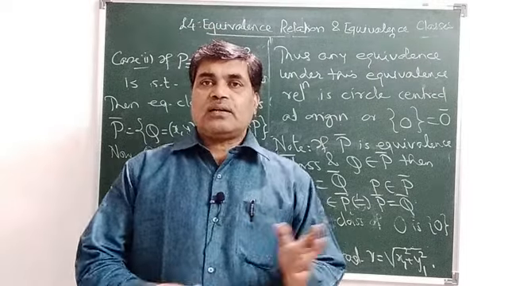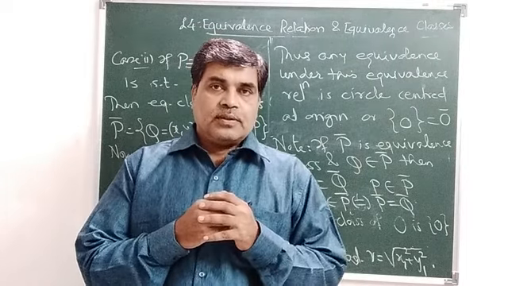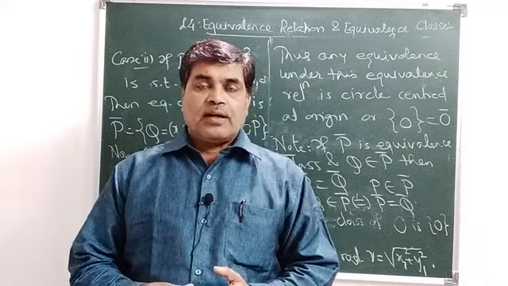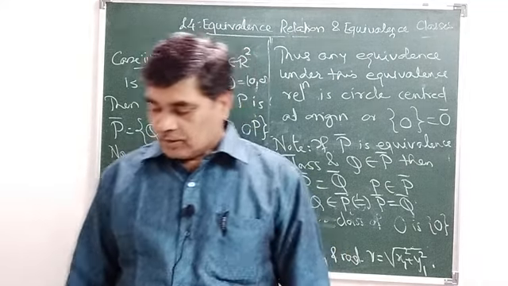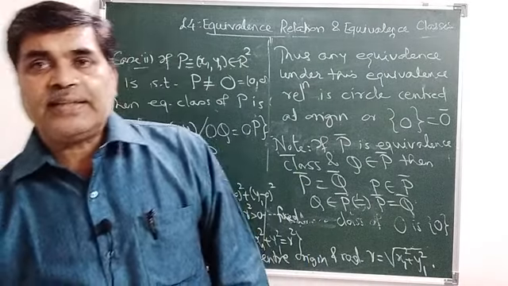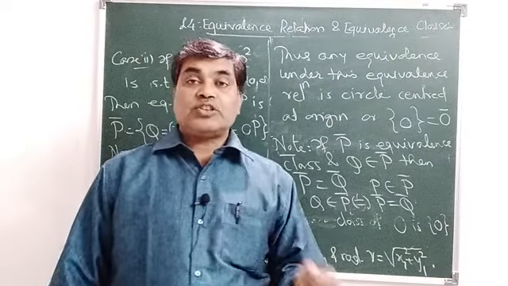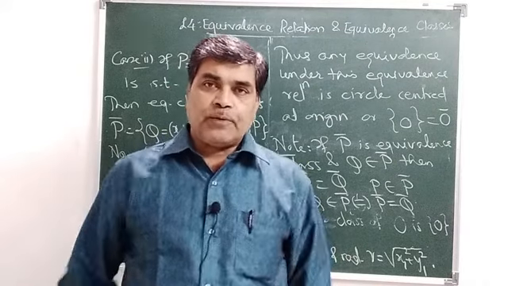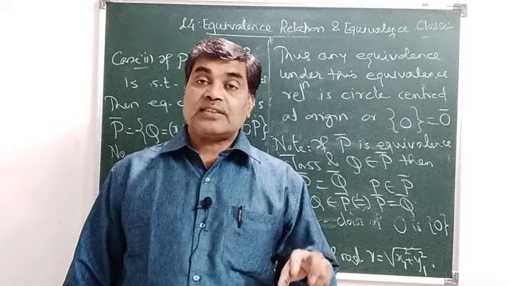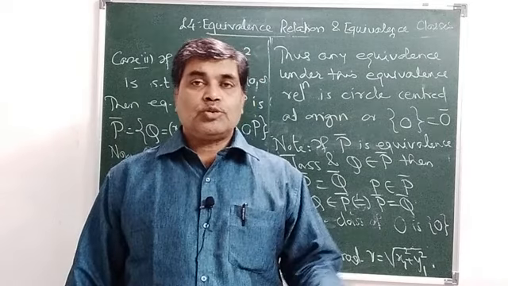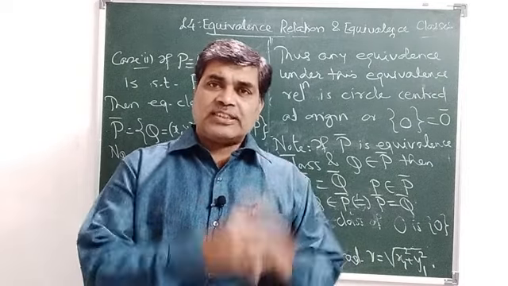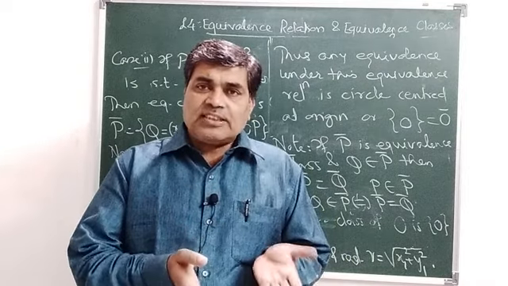Now if I take yesterday's example, if X is the set of all students in our college and the relation is defined such that two students X and Y are related if they are studying in the same class, then if I take a particular student from FYBSC, his equivalence class contains all those students who are studying in his class. If I take the equivalence class of another student from that same class, it is nothing but that class itself.